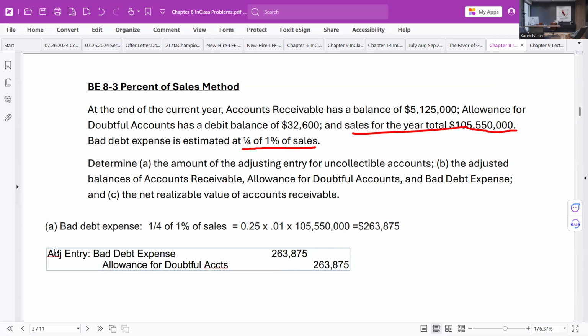Under the percent of sales method, the adjusting entry is based on this calculation. This is the most important calculation because it determines our adjusting entry. So that's A.